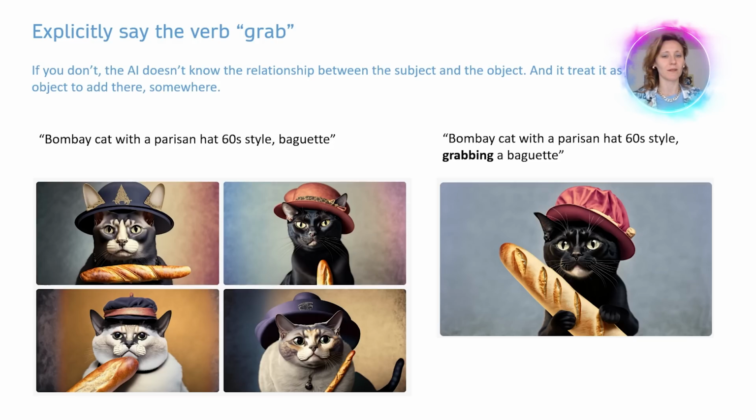Otherwise, it's smart enough to add the baguette there, but you're not explicitly saying where this baguette should be. So you have to explicitly mention a verb to understand the relationship between the object and the subject that is actually using that object.